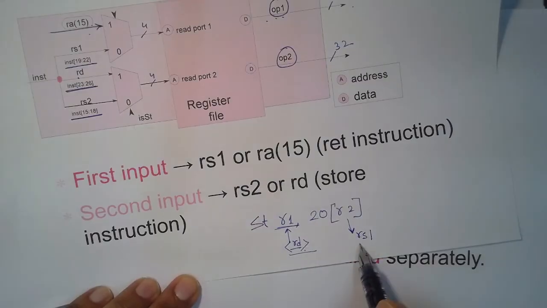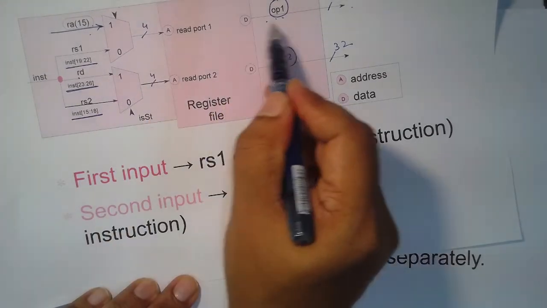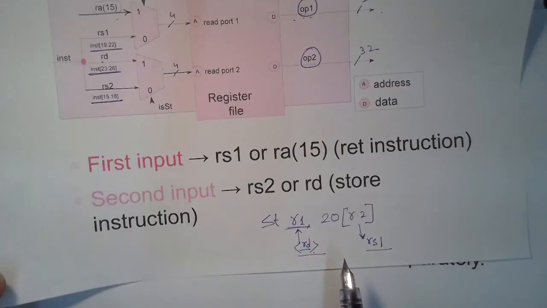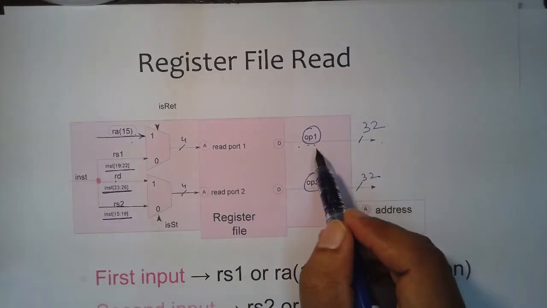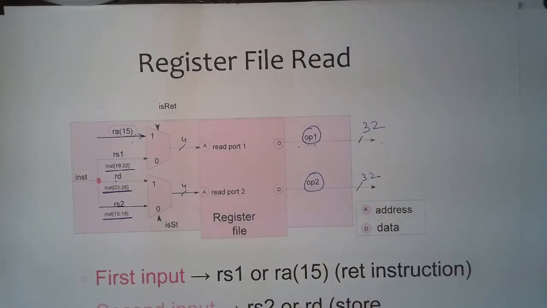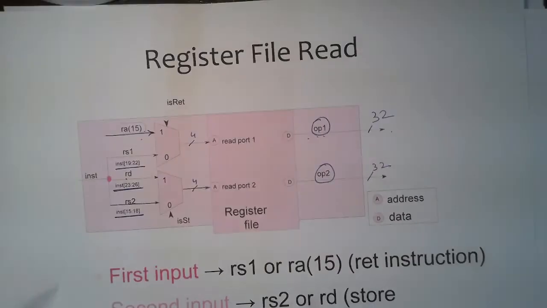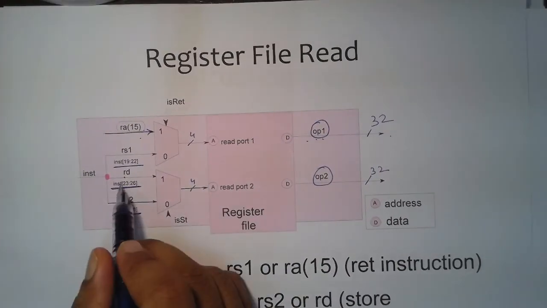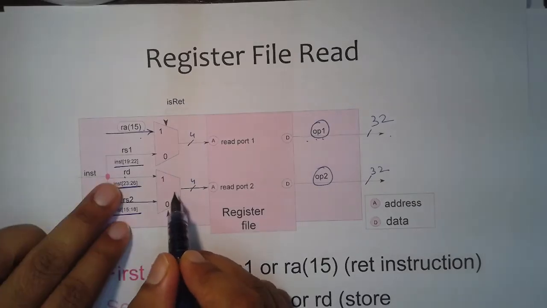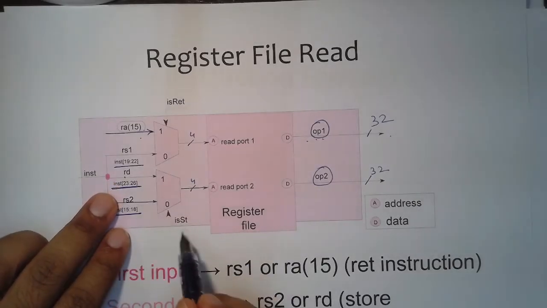So, this register value will be stored in our RS1. This will come as the outcome of OP1, and this destination register will come from here, just for the store instruction.